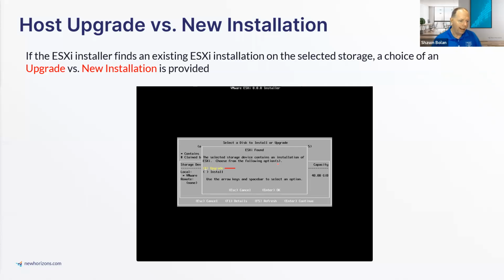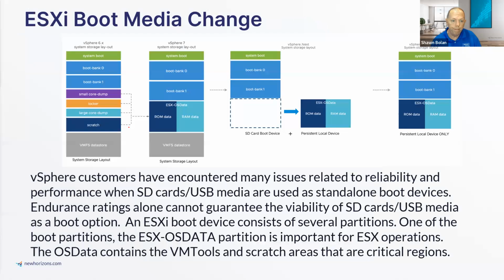Now, there's one last technical item with respect to upgrading or installing the ESXi operating system that I need to talk about, and it's something that VMware started talking about last fall, and it kind of freaked people out. And that is the disks.